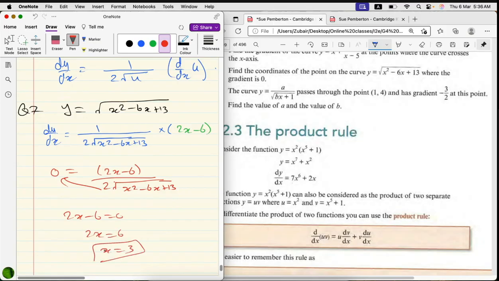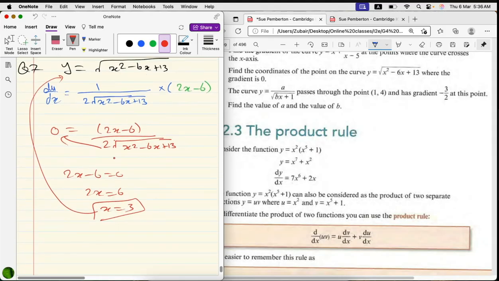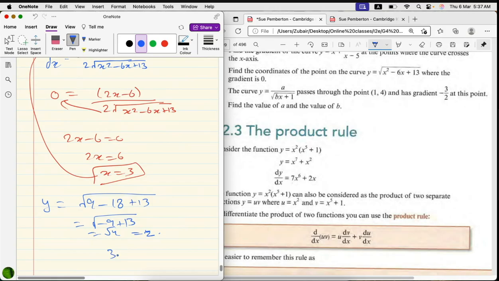When x is 3, we can get y. So y is equal to the square root of 3 square, which is 9, minus 6 times 3, which is 18, plus 13. That's 9 minus 18 plus 13, square root of 4, and we get 2. So the coordinates are 3 comma 2 on the curve, and at that point the gradient is 0.